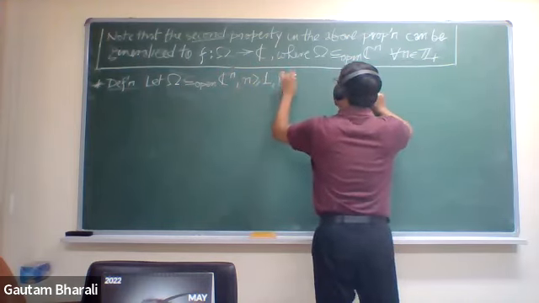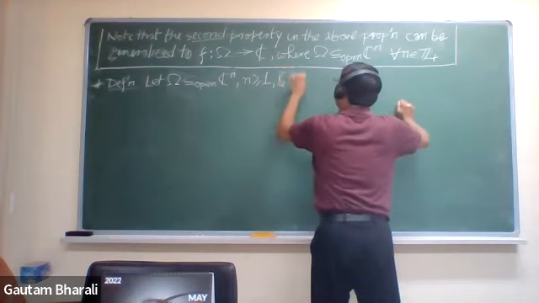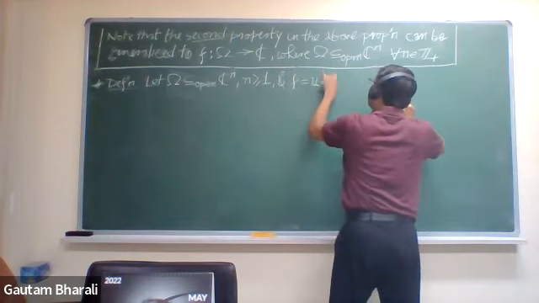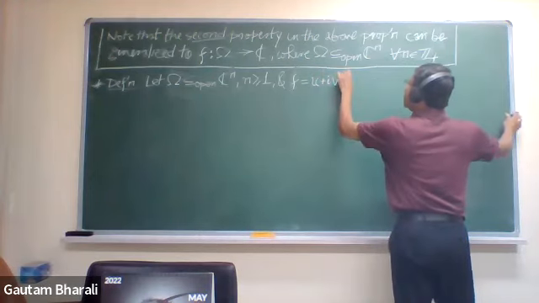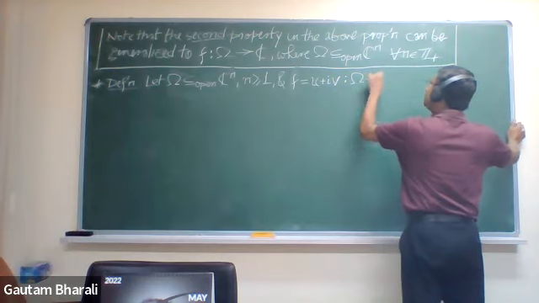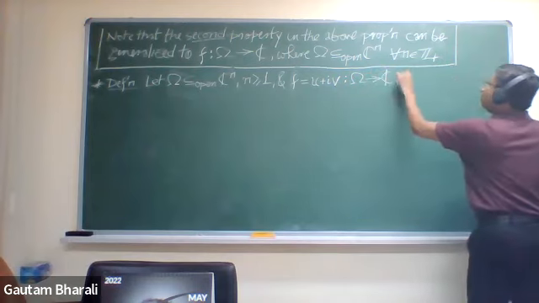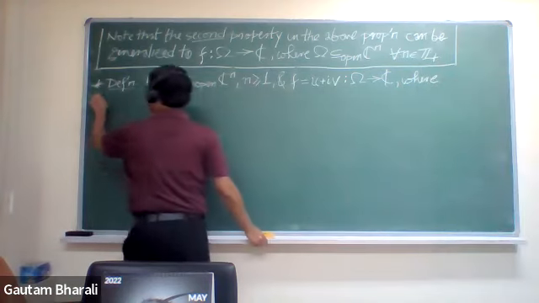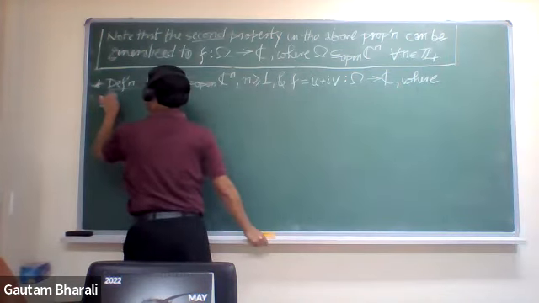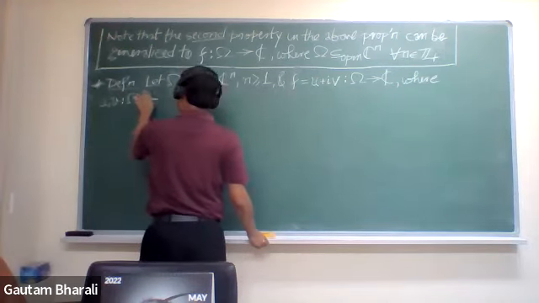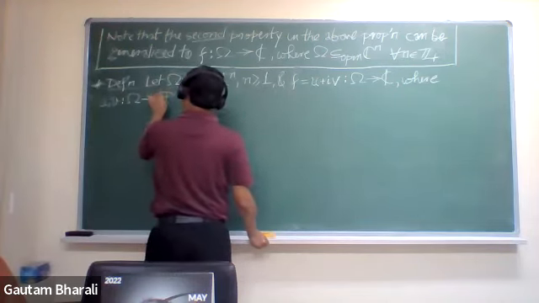And let f, which is equal to u plus iv, be a map from omega into C, where, as usual, u and v are real valued functions.